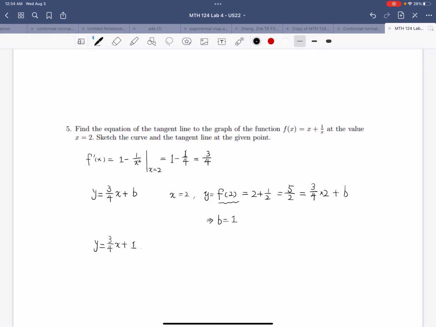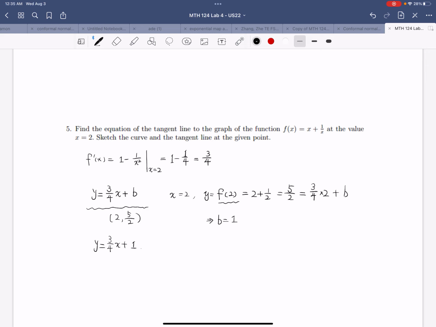Then the tangent line at x equals 2 has an equation y equals 3/4 x plus a constant b. How do we calculate this constant b? Because this line goes through the point (2, 5/2), you just plug this data into the line and get 3/2 plus b equals 5/2.